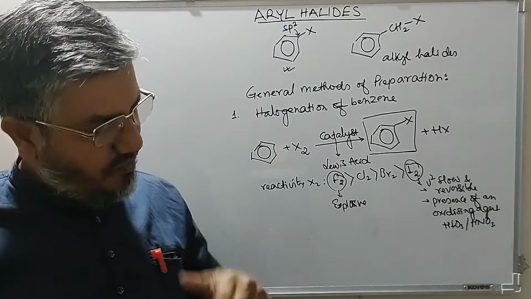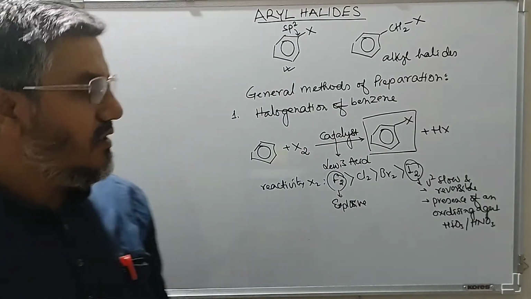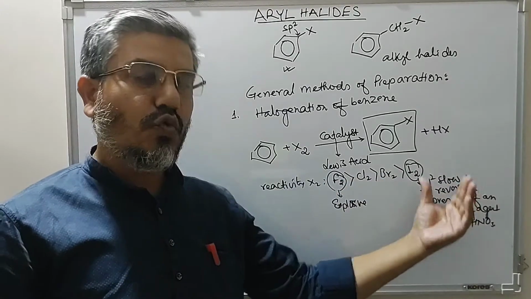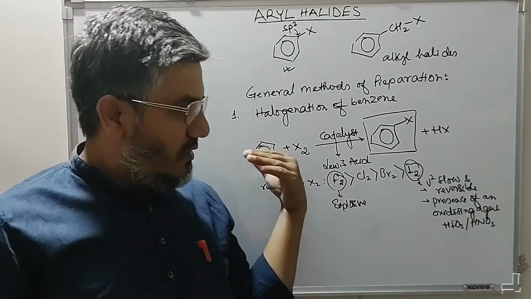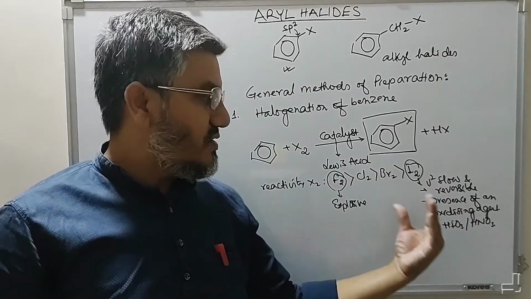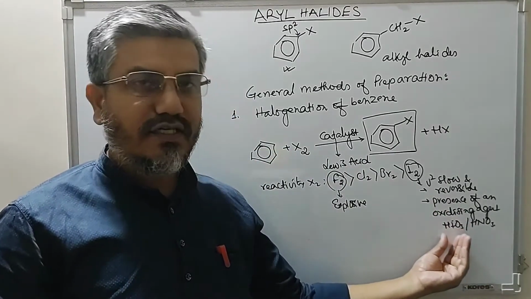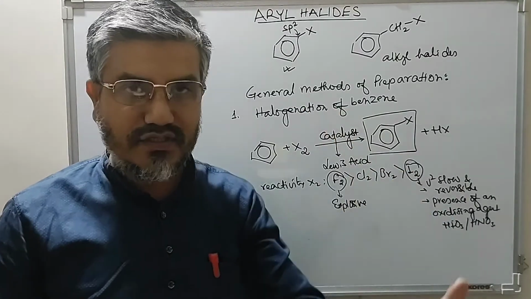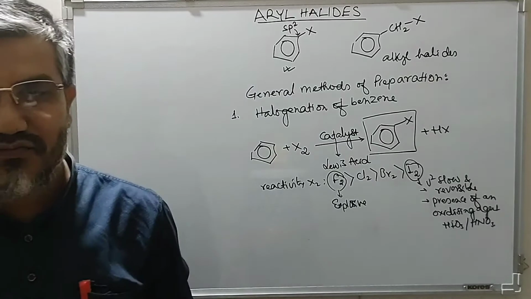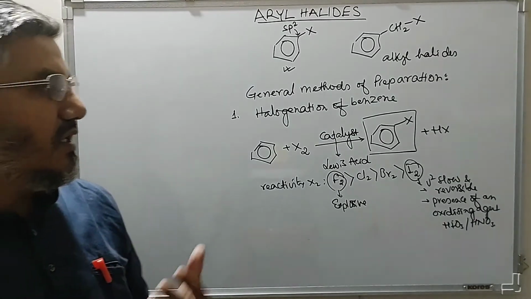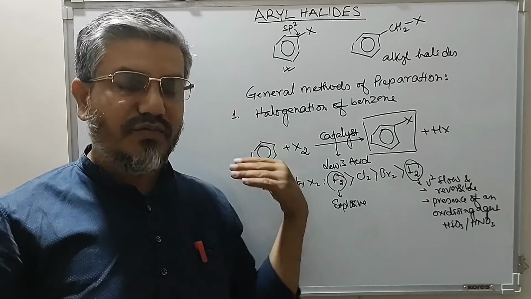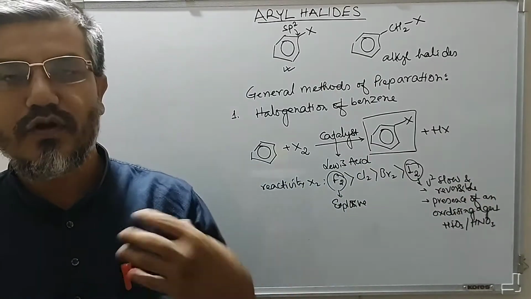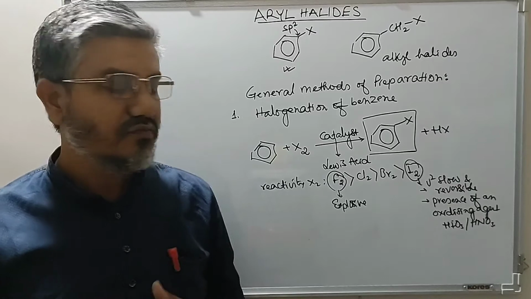During the preparation of alkyl iodides by halogenation of alkane, the reaction being very slow and reversible, it was carried out in presence of an oxidizing agent such that this oxidizing agent destroys the reducing agent HI formed in the reaction, and the equilibrium is shifted in the forward direction, increasing the quantity of the yield.